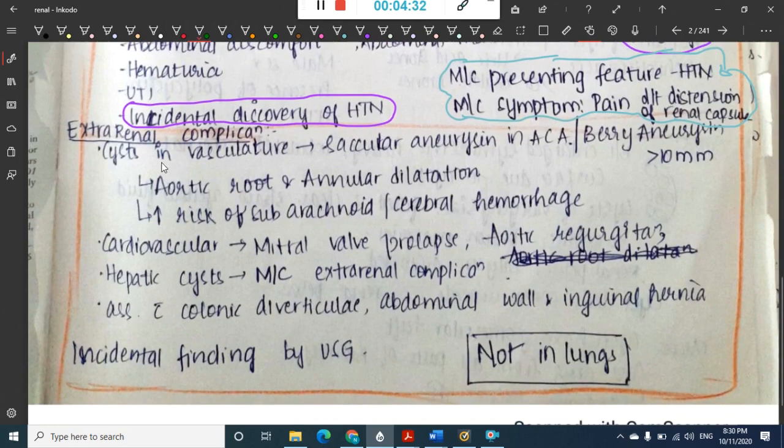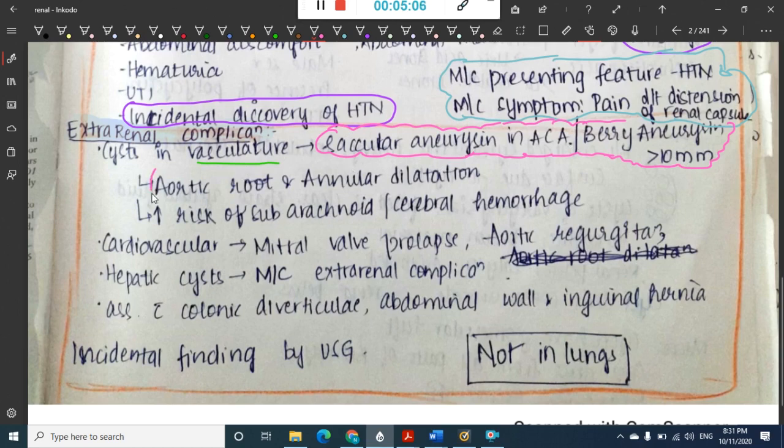Extrarenal manifestations also occur in this disease. You will see cysts in various places. First, in the vasculature, this presents as saccular aneurysm, which is seen in the anterior cerebral artery, or as berry aneurysm, which is more than 10 millimeters in size.